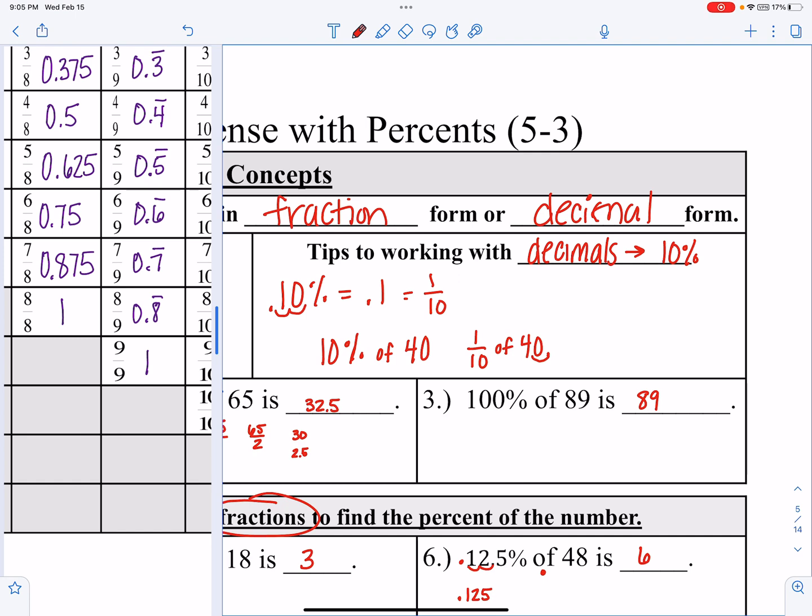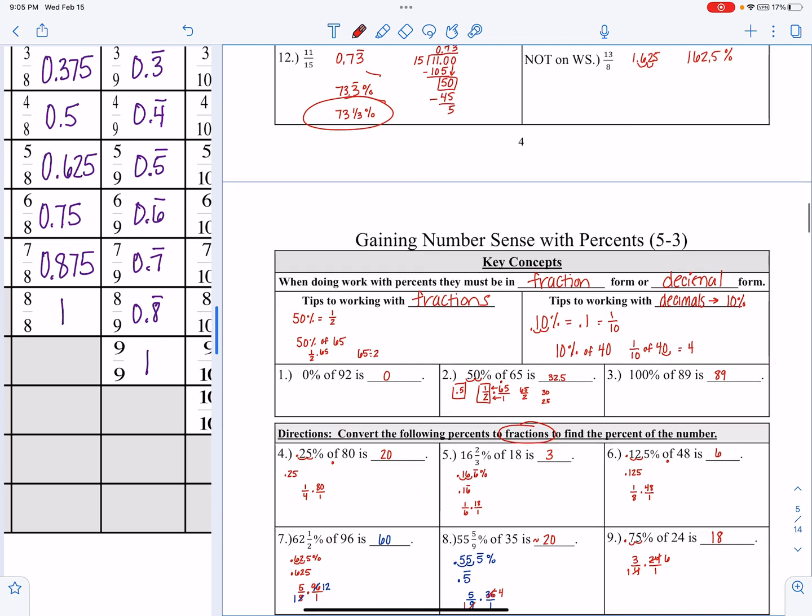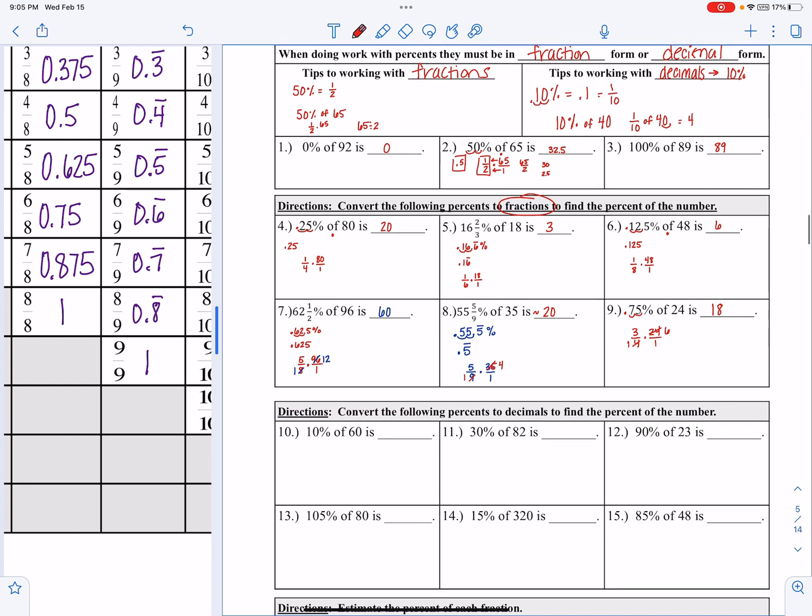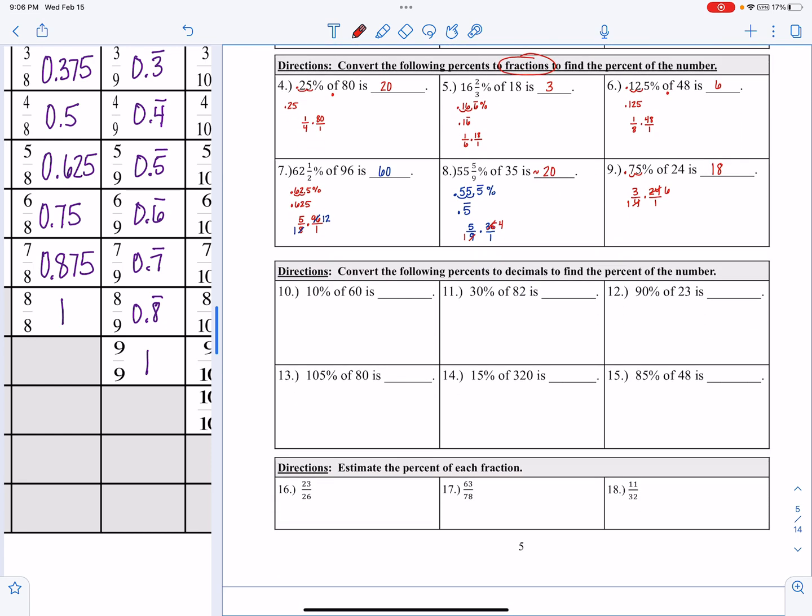So 1/10 of 40, all that means is move the decimal spot 1 spot to the left, and we would end up with 4. So 1/10 of 40 is 4. So this is going to be a very common thing to use when working with percents of a number.